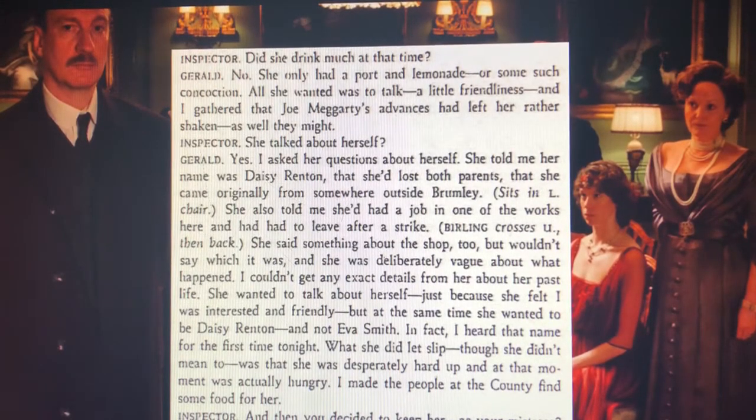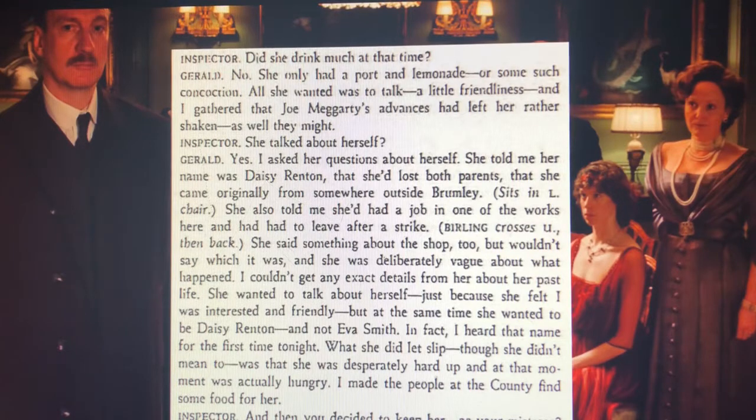Did she drink that much at the time? No, she only had a port and lemonade, or some such concoction. All she wanted to do was talk, a little friendliness, and I gathered that Joe Meggerty's advances had left her rather shaken, as well they might. She talked about herself. Yes, I asked her questions about herself. She told me her name was Daisy Renton, that she'd lost both parents, that she came originally from somewhere outside Brumley. She also told me she had a job in one of the works here and had to leave after a strike.